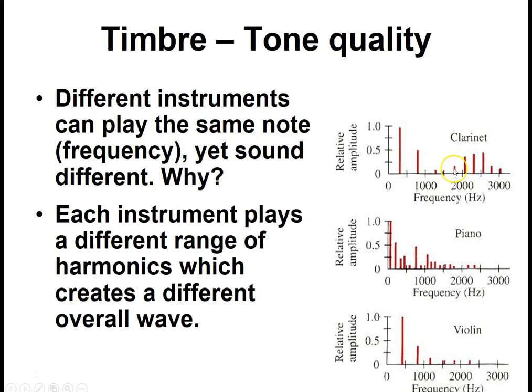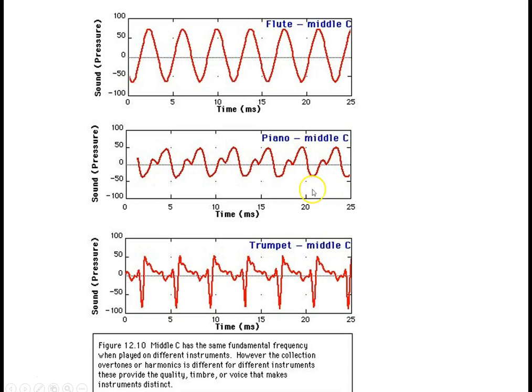So whatever combination of harmonics the instrument happens to play, when it reaches your ears, there's going to be some interference. It's going to produce a slightly different wave. So let's take a look at a picture of this. If we look at the flute, for example, the flute is probably the most pure instrument. It has a very nice sine curve.